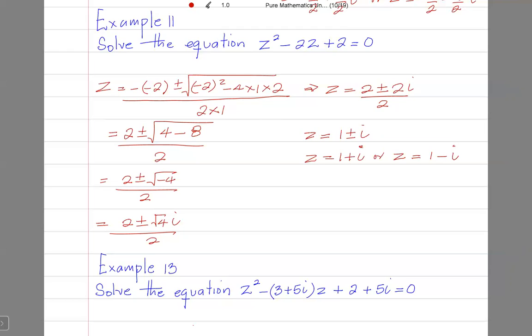Whenever you solve a quadratic equation, you must get 2 answers. Please note that all the coefficients are real and that the roots are in conjugate pairs.